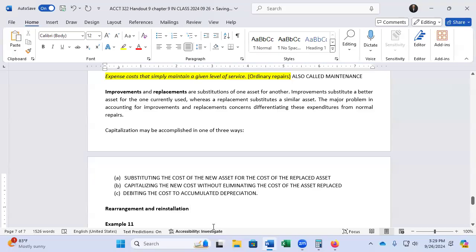For rearrangement and reinstallation, costs are generally carried forward as a separate asset and amortized against future income. I don't like amortized.